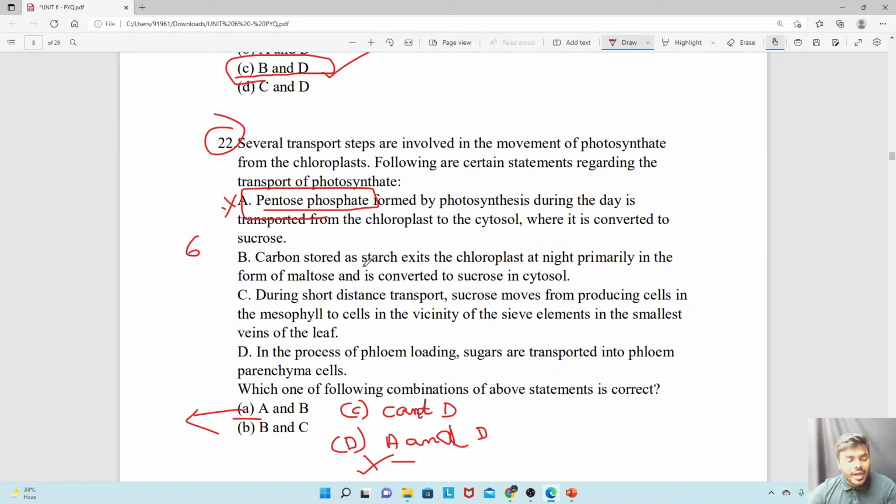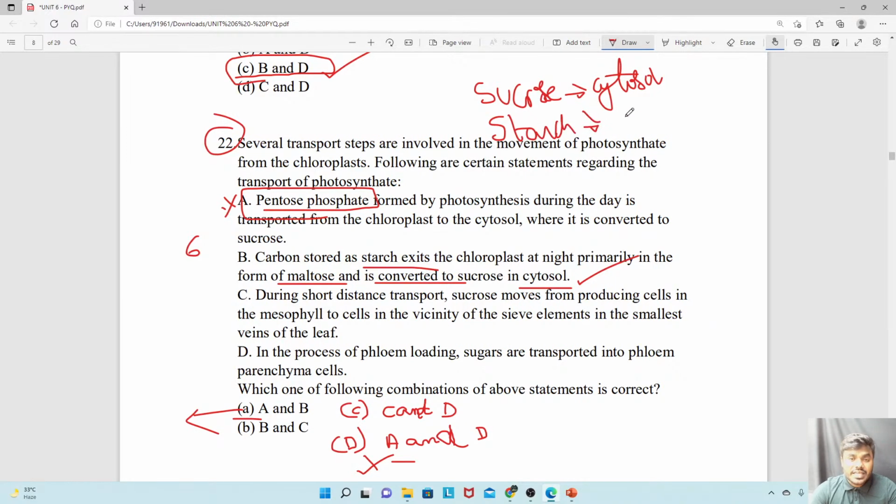Option B, carbon stored as starch exits the chloroplast at night primarily in the form of maltose, right? And it is converted into sucrose in the cytosol. I have told you many times, sucrose is produced in the cytosol, and starch is synthesized in the chloroplast stroma.